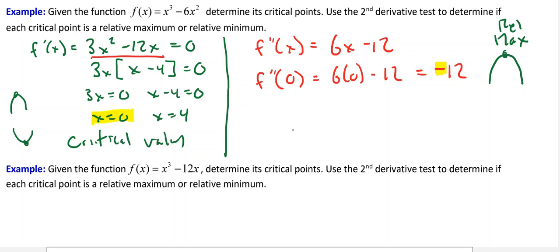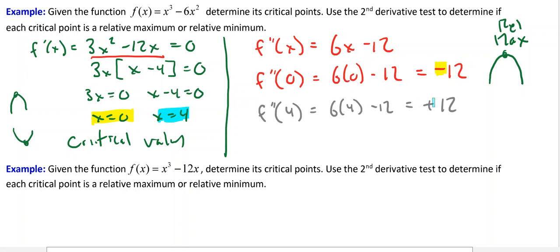Now, to find the second derivative at 4, we have f double prime of 4. That's going to be 6 times 4 minus 12, which is 24 minus 12, which is positive 12.